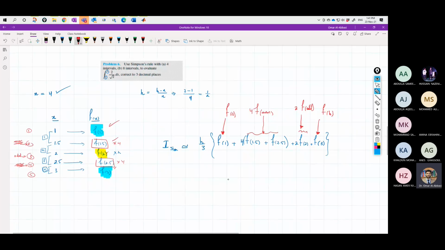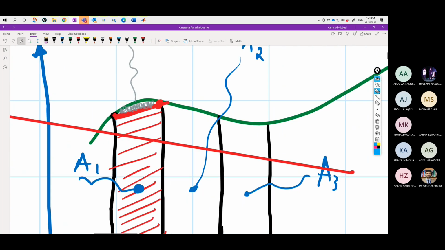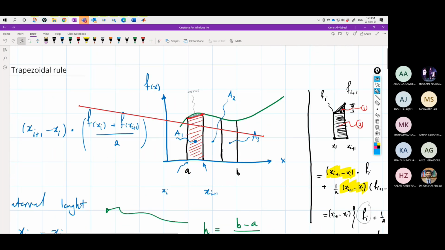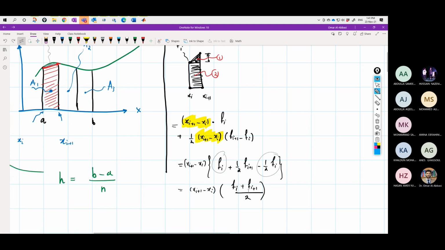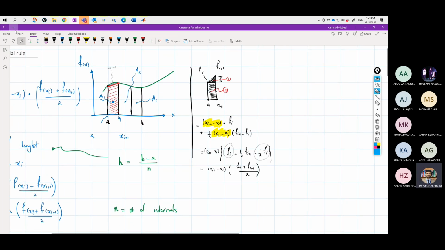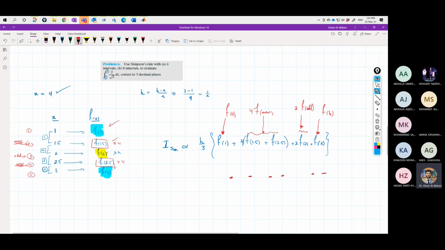Let's say in the exam or in whatever problem you were given the following: x and y, a table.